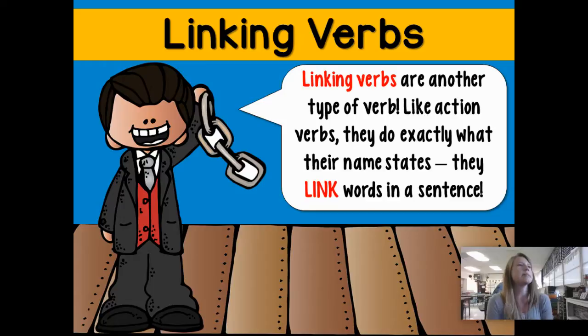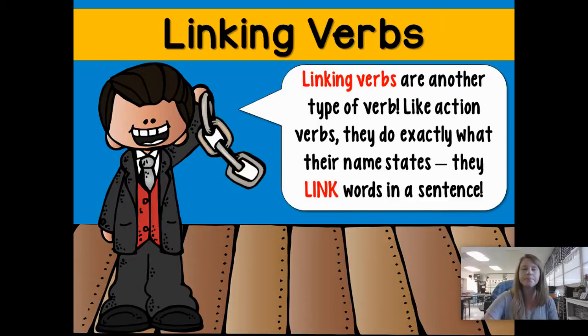The next type is a linking verb. Linking verbs are another type of verb. Like action verbs, they do exactly what their name states. They link words in a sentence. They are like keeping things together in a sentence, kind of like a chain has links.